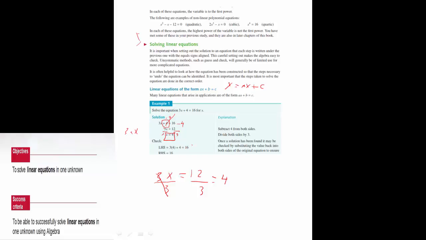And if we did have variable on the right hand side as well, we substitute in the left hand side, we get a value. We substitute in the right hand side, we get a value. We make sure that they are equal. And in this case, on the left hand side, you substitute x with 4, 3 times 4 is 12, plus 4 equals 16, and this is indeed the right hand side equals 16, so this is our solution.